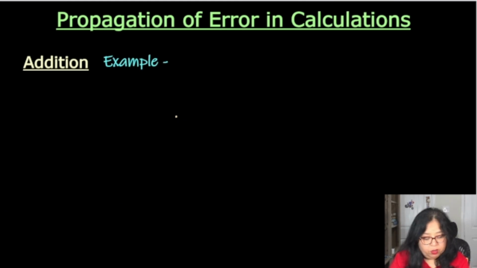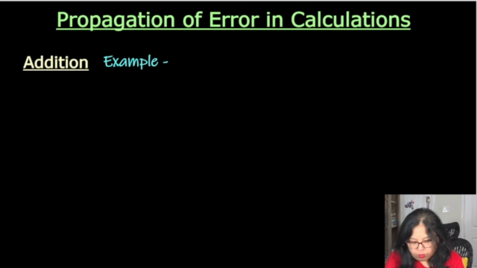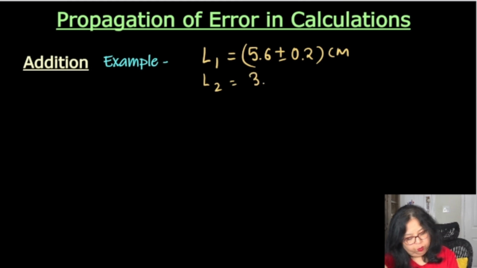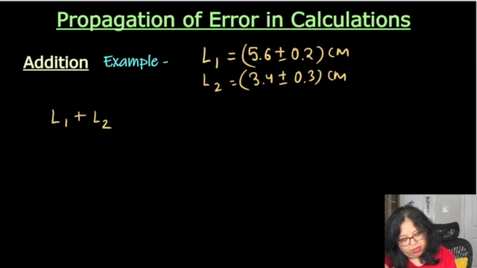Let's look at an example of addition. Let's say you have two lengths, L1 equal to 5.6 plus minus 0.2 centimeters, and L2 equal to 3.4 plus minus 0.3 centimeters. You want to add these two lengths up, L1 plus L2.